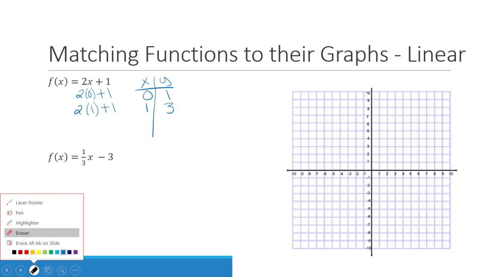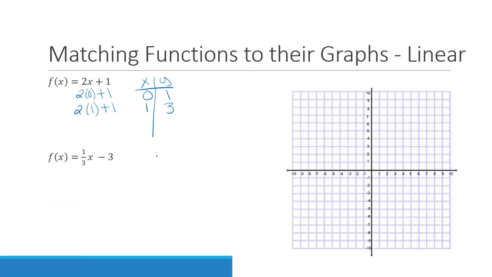Now, if you're doing the method of just choosing points, when you're dealing with a fraction, 0 is always going to be your best friend. Because if I do 1/3 times 0, that's 0. 0 minus 3 is -3. The other number that will be your best friend will be the denominator. So if you plug in 3 as x, 3 times 1/3 actually just gives you 1.